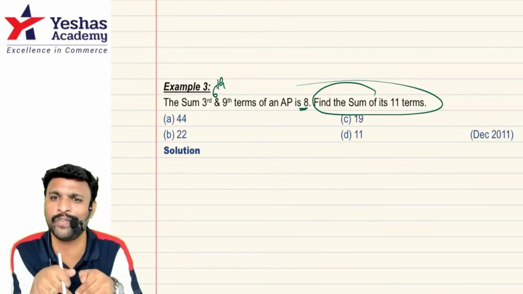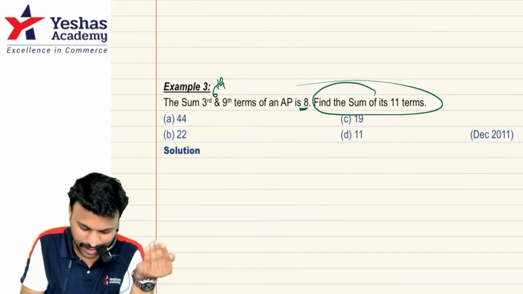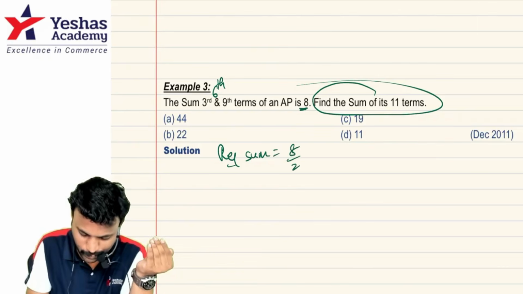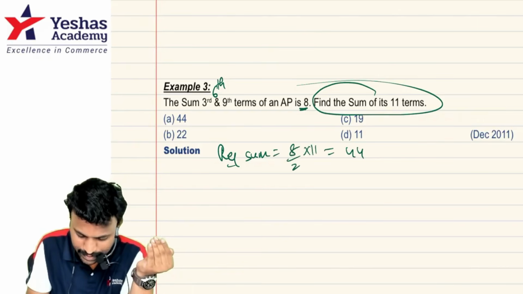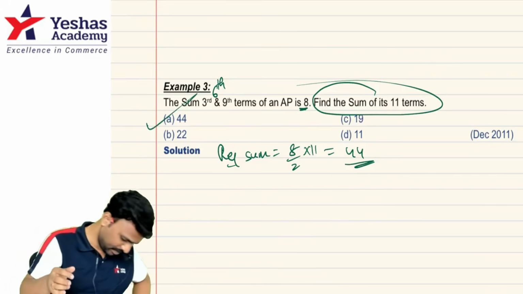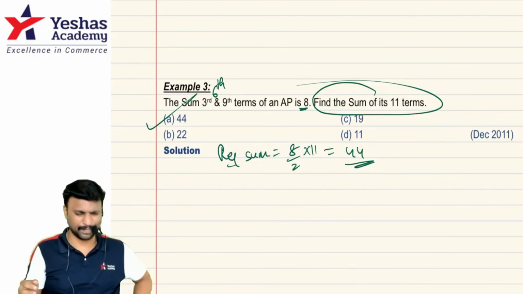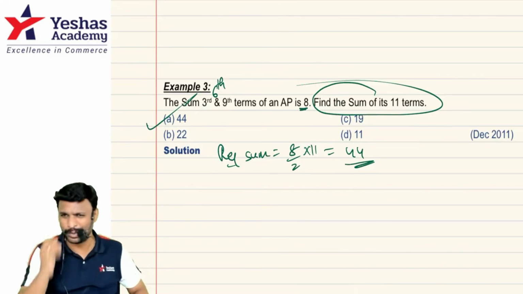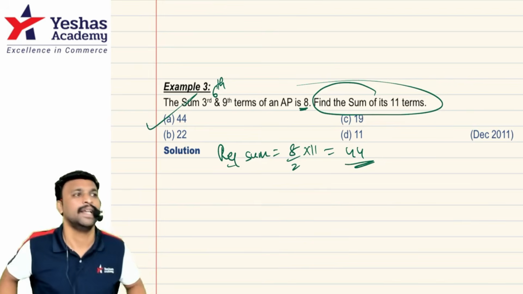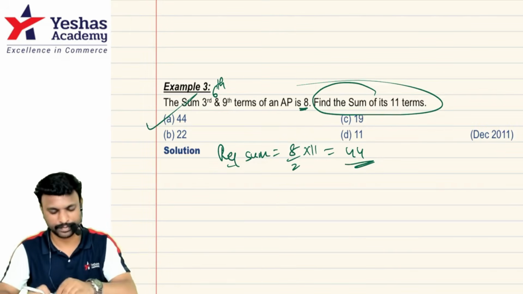Because given sum by 2 gives the middle term. So required sum is 8 by 2 into 11. The answer is 44. Is it clear, everybody? Guys, please don't by-heart. Don't do this blindly. Understand the question and do it. Right? Say yes or no.